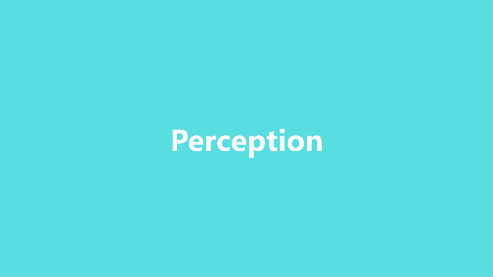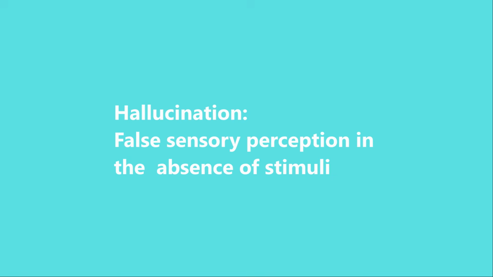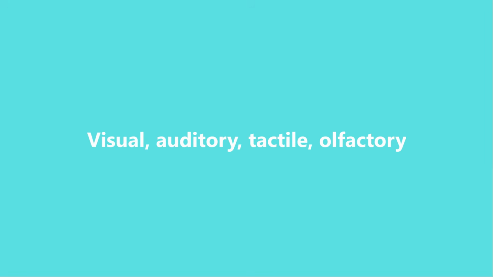Perception is the way we organize, identify, and interpret sensory information to understand our environment. Common perception disorders include hallucination. This is a false sensory perception in the absence of stimuli. Patients may experience visual, auditory, tactile, or olfactory hallucinations. It is important to ask sensitively about hallucination.